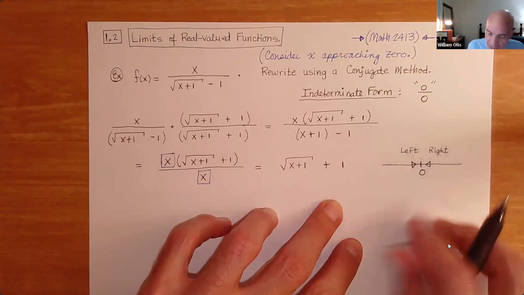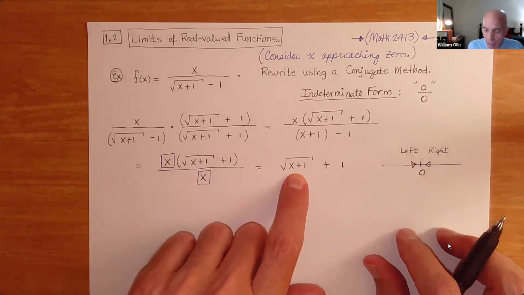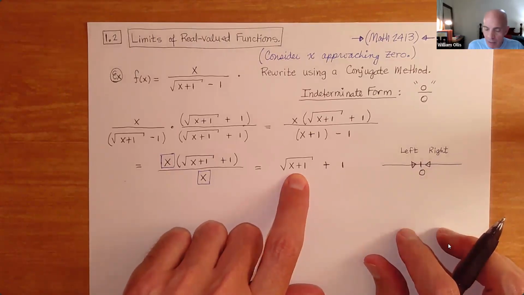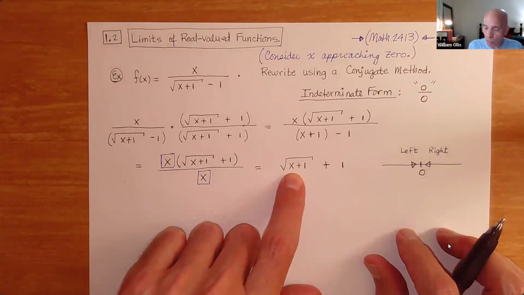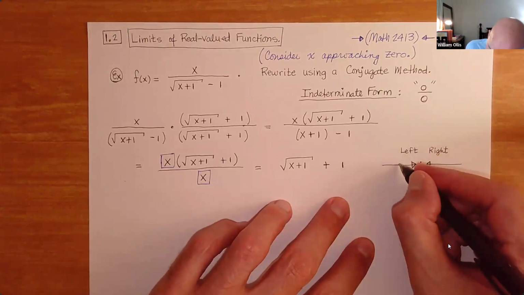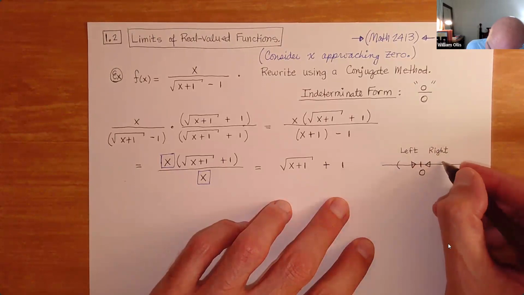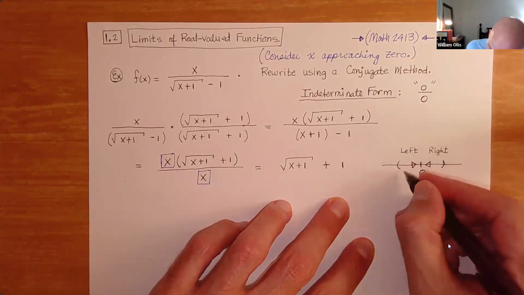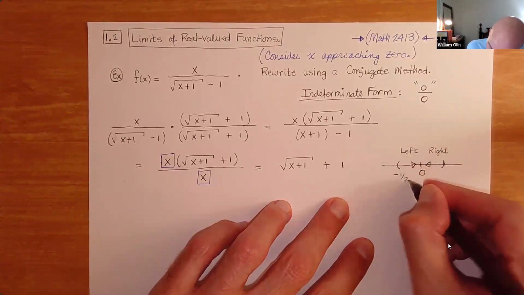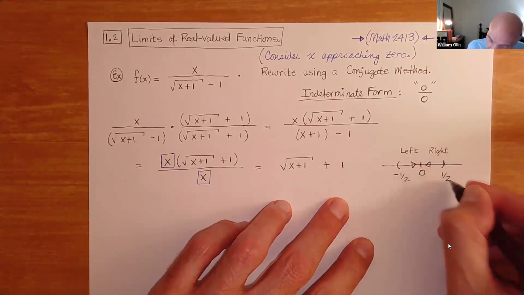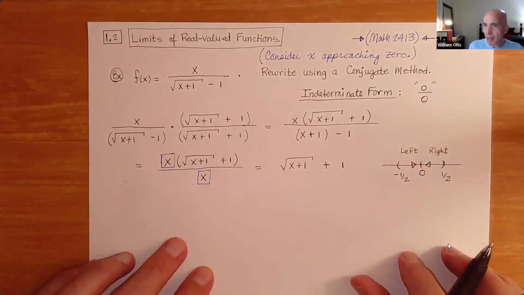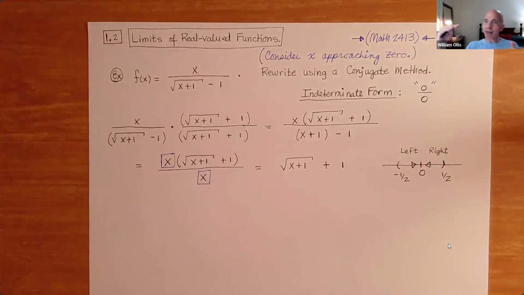Of course, we don't want the values of x to be too small because then the radical won't make any sense. So what we could do is restrict to something like maybe -1/2 to 1/2. So we would start in that interval about 0, and on either side, from the right, we would be approaching 0 through positive values, and from the left, we'd be approaching 0 through negative values.